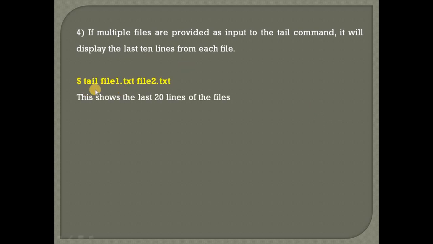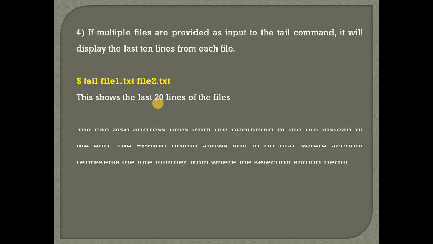So here you can see tail file1.txt file2.txt. I have specified 2 input files. So the output will be the last 10 lines of file1.txt and the last 10 lines of file2.txt. This shows the last 20 lines of both the files.